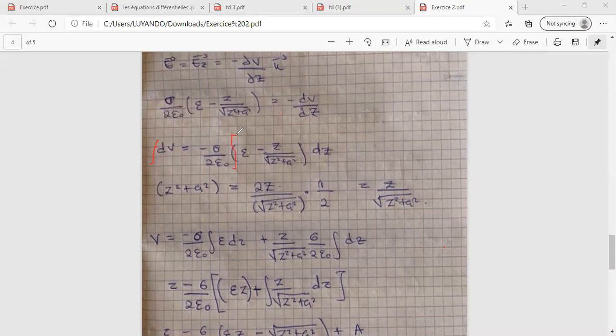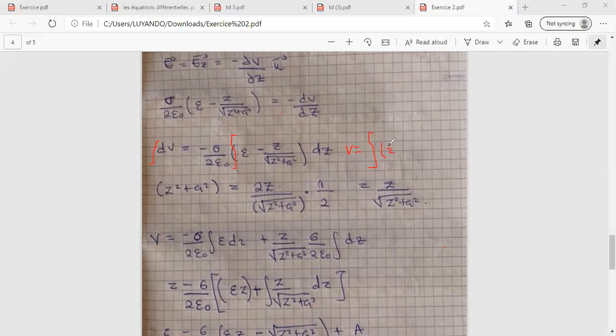So I'm going to have the integration of e, which can be 1 or -1, times z.